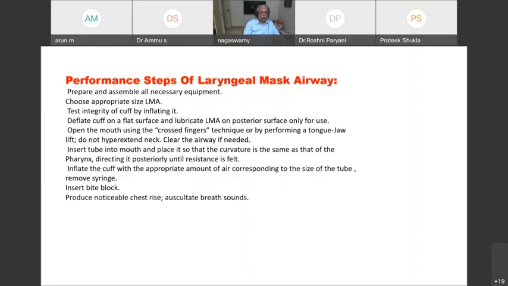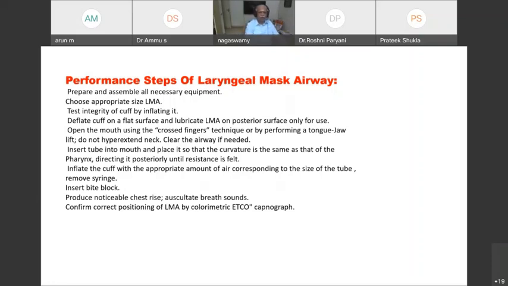Then produce noticeable chest rise and auscultate breath sounds, and confirm correct position of the LMA by colorimetric EtCO2 capnograph. What do you understand by this colorimetric EtCO2 capnograph? How does it work? Sir, if carbon dioxide is present in the expired gas, a color change will be appreciated.